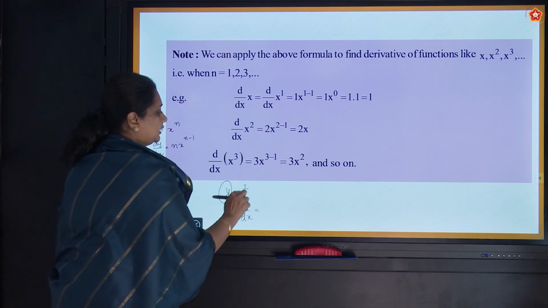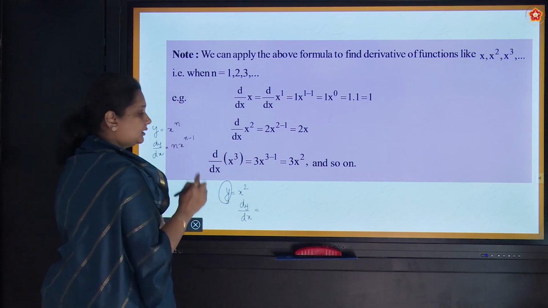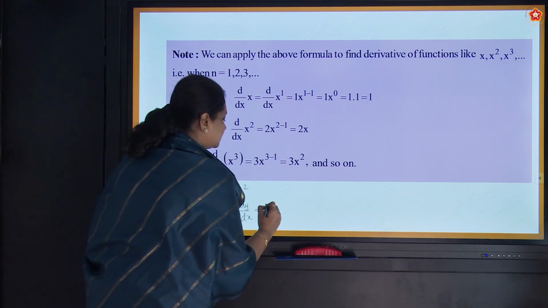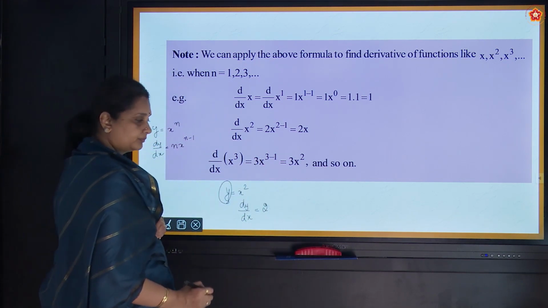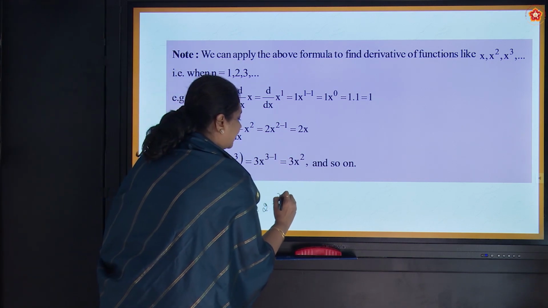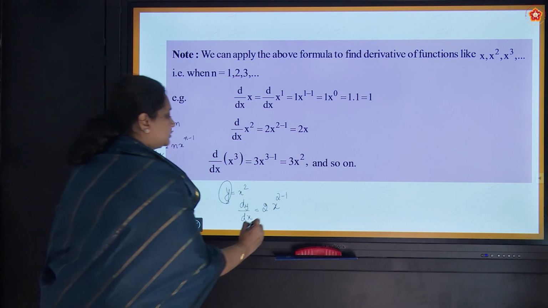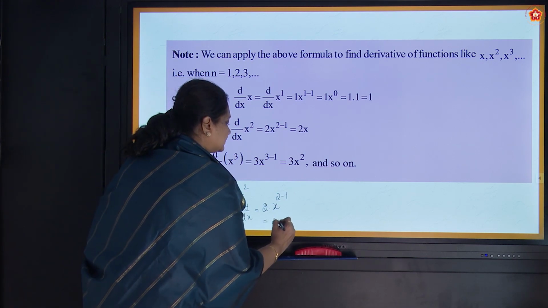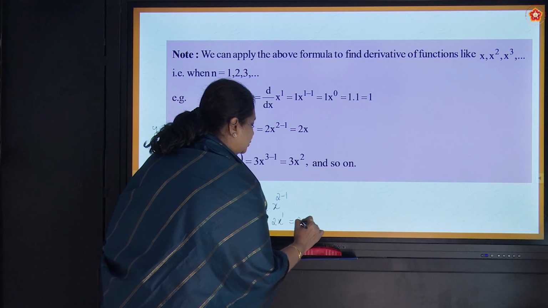It's a power function. I'm going to bring the power down first. So 2 into x raised to the power 1 less than the power. So this is nothing but 2x power 1. That's nothing but 2x.